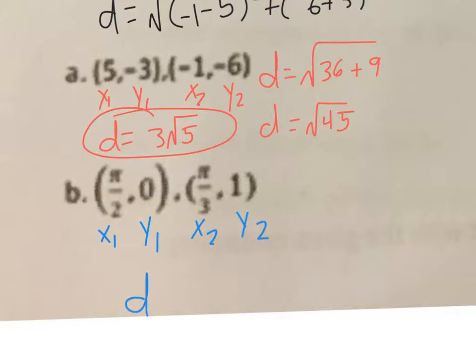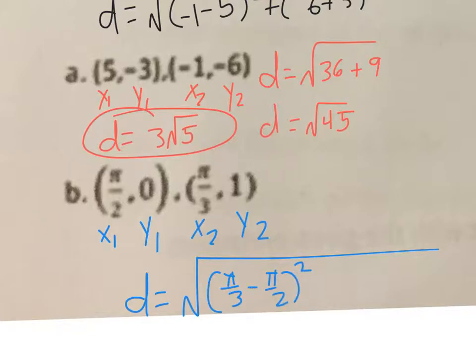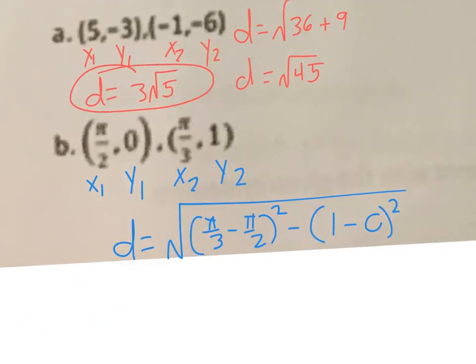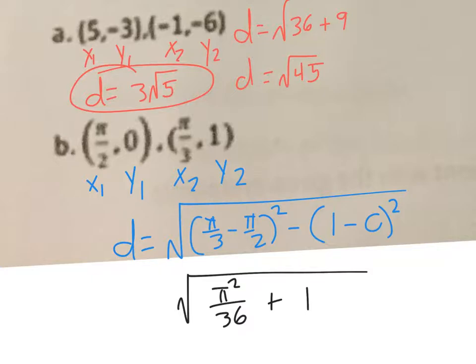I'm going to plug it into my distance formula. So the distance is equal to the square root of x2, so that's pi over 3, minus x1, pi over 2, squared, plus y2 minus y1 squared. So now to simplify that, that's negative pi over 6. Square it, that's going to be pi squared over 36 plus 1.